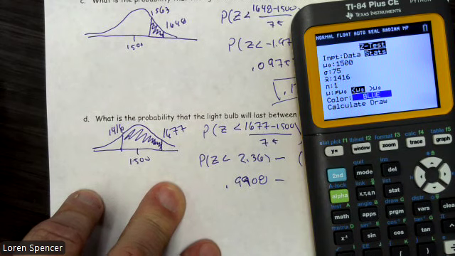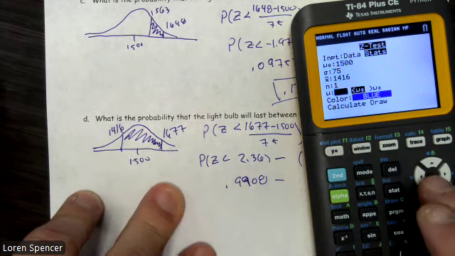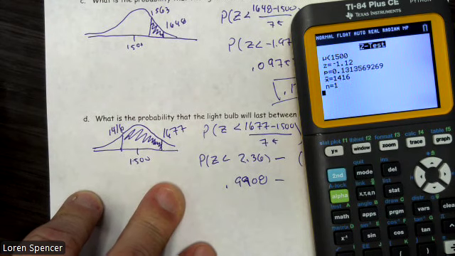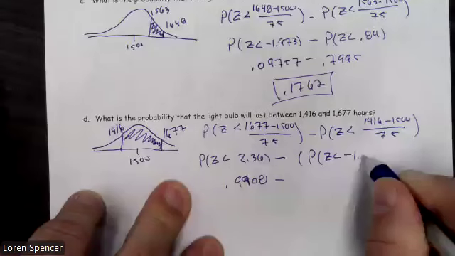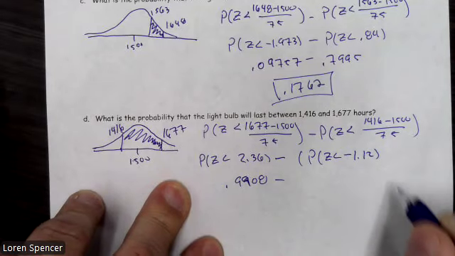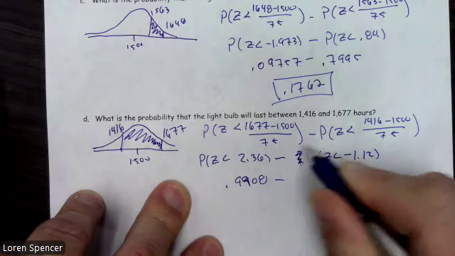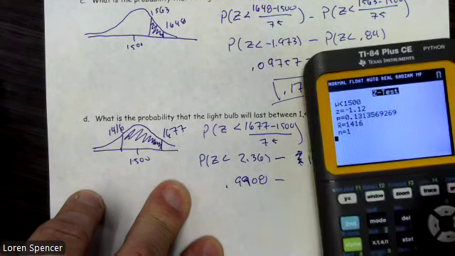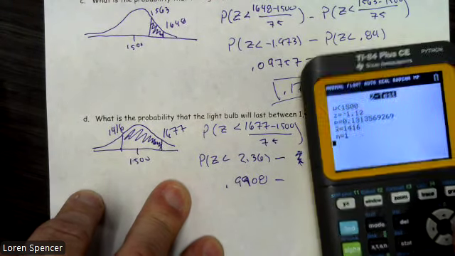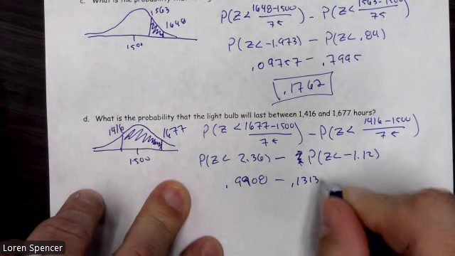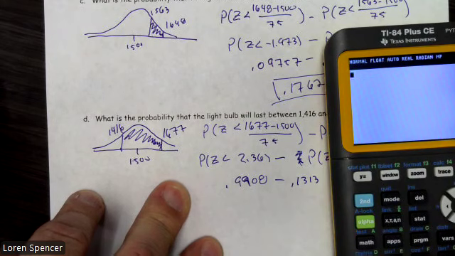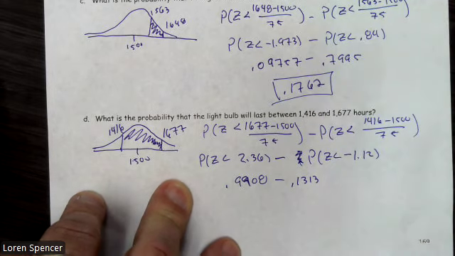That's my lower bound right here. Negative 1.12, probability Z is less than negative 1.12, and we came up with 0.1313. And we subtract those two, 0.9908 minus 0.1313 is 0.8595.